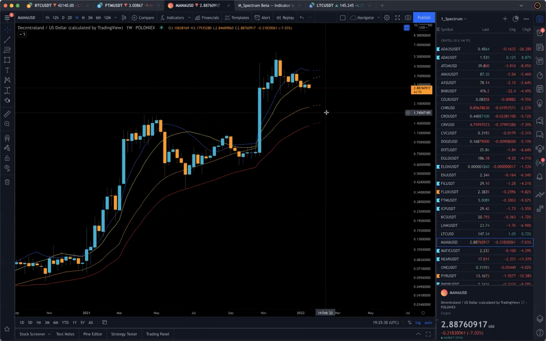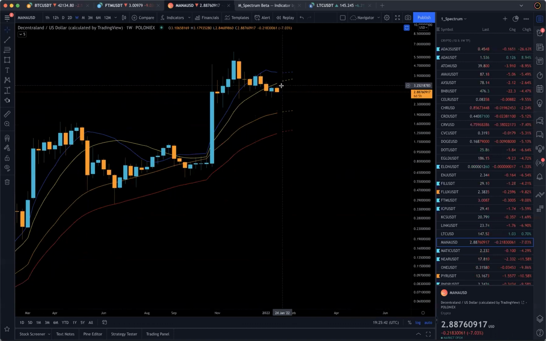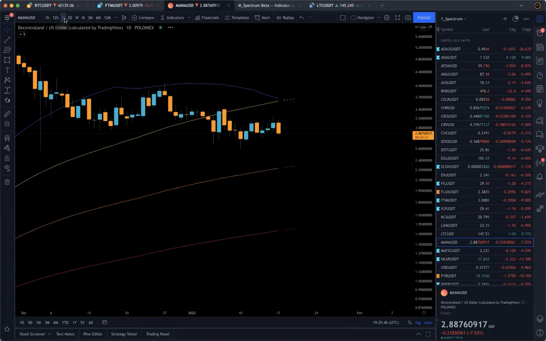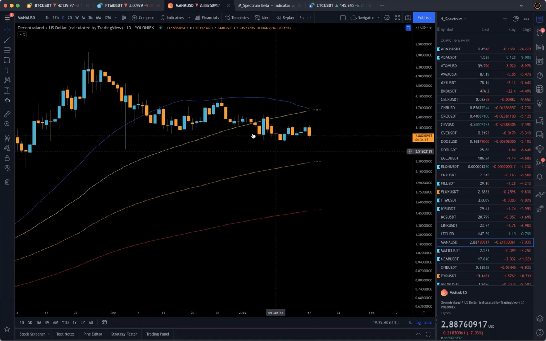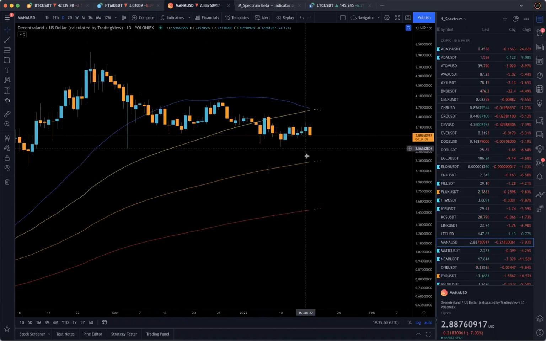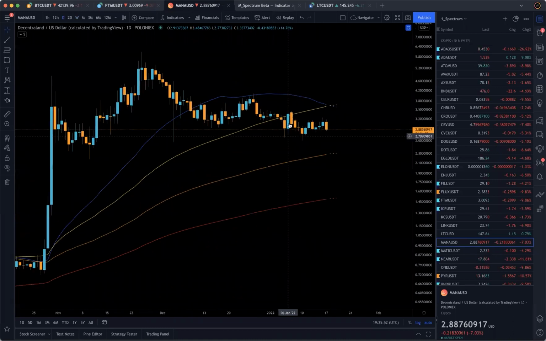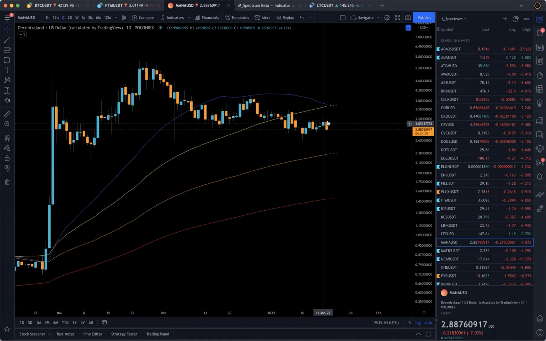Okay, MANA weekly is trying hard to break above the yellow, still no success, 2 weeks, and on daily also it gave up. It's now more like approaching the orange, so it tried hard, but now it's moving away from the yellow.